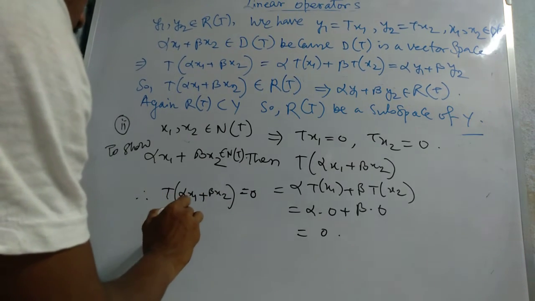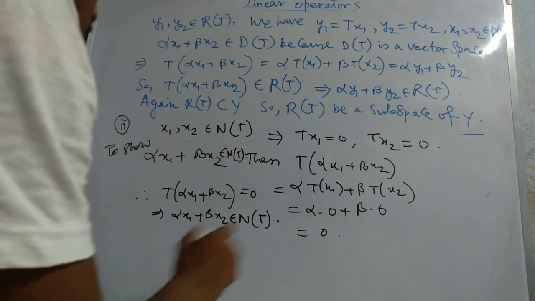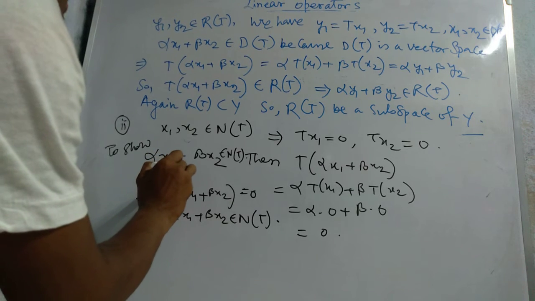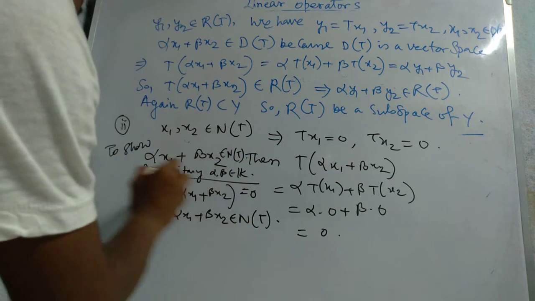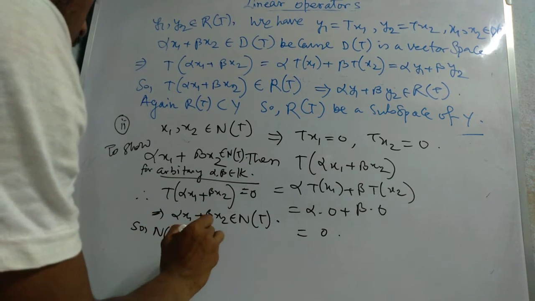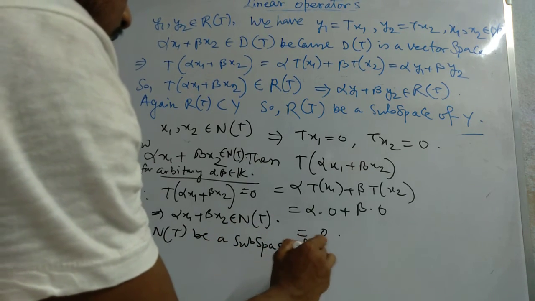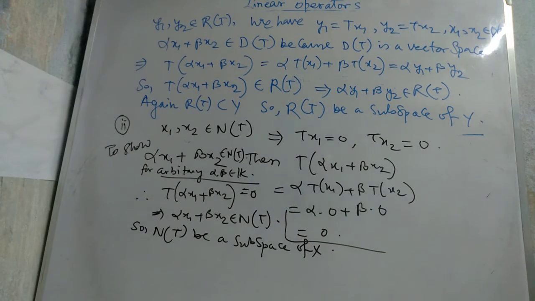This implies that alpha x1 plus beta x2 belongs to N(T), for arbitrary alpha, beta belonging to K. So N(T) is a subspace of X. Understand or not? I think all is done.